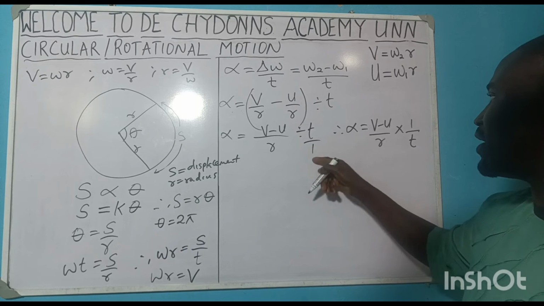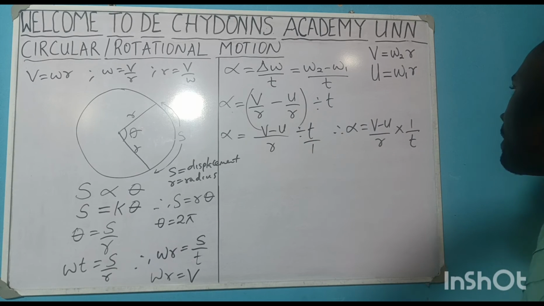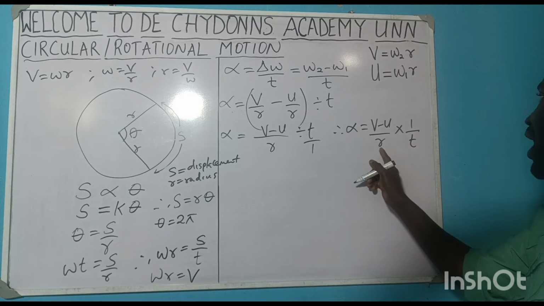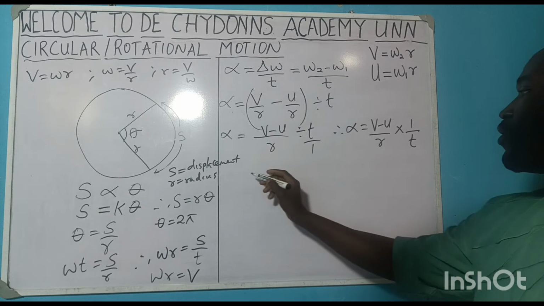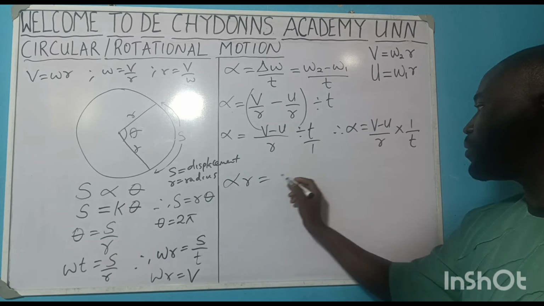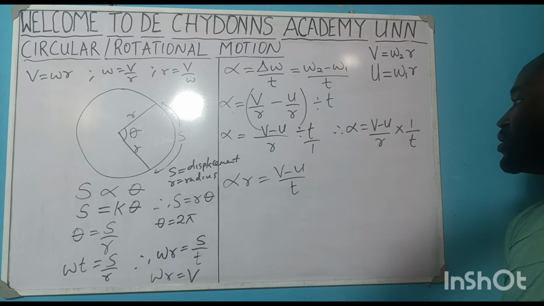This is over 1. Invert it because you have changed division to times. So what we do here is that you take this R up and leave this T here. Therefore, alpha R will be equal to V minus U all over T.